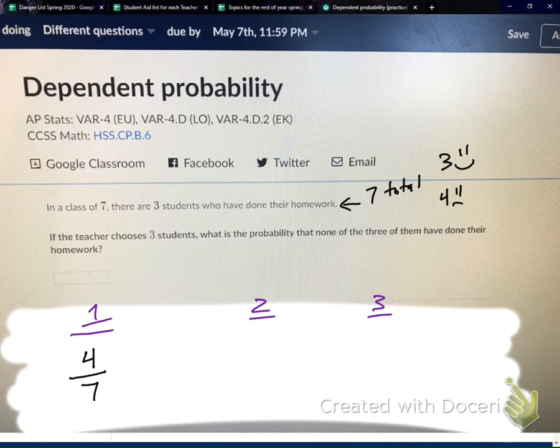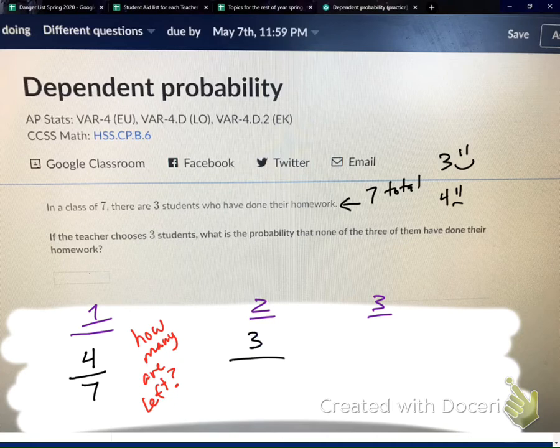Okay, so after I choose that student, no matter which one of the 4 students I've chosen, after that student has been chosen, the next question is, how many are left? You see, if I've chosen one of my 4 students that didn't do their homework, then that means there's now only 3 students left that haven't done their homework.